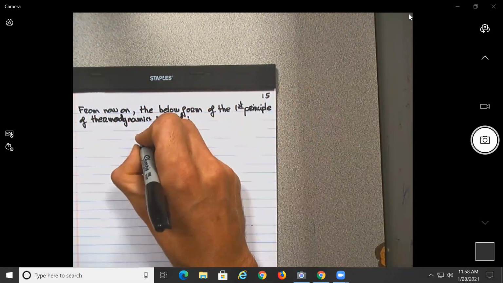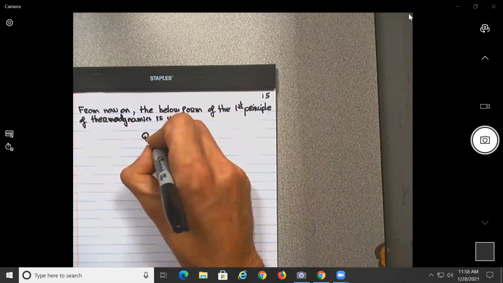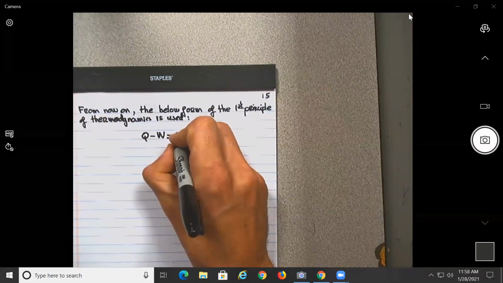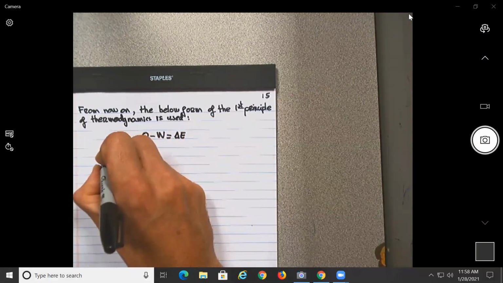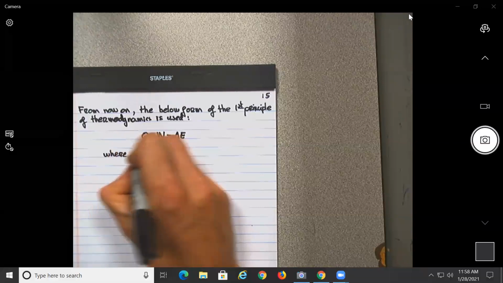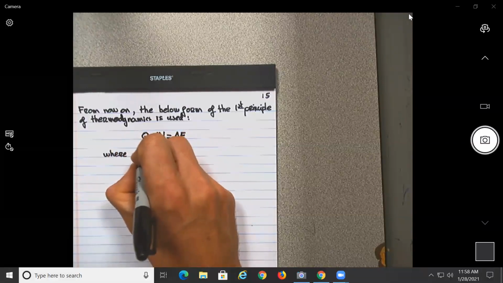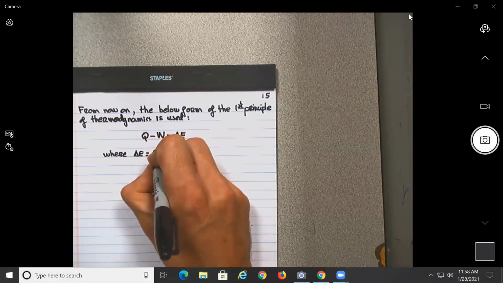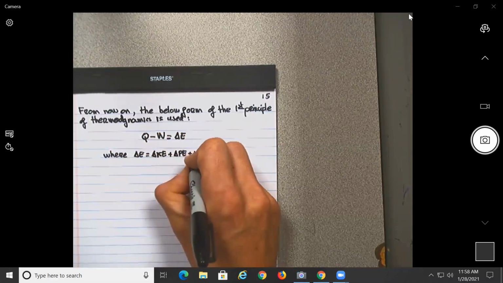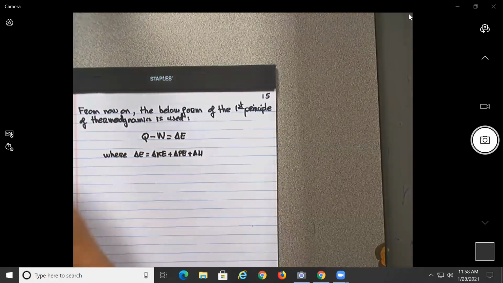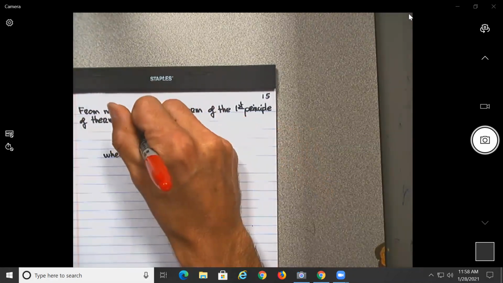So basically, we're going to use heat minus work equal to change in energy, where the change in energy is change in kinetic energy plus change in potential energy plus change in internal energy.